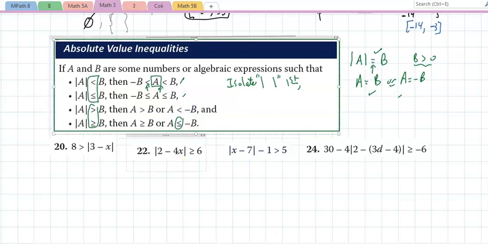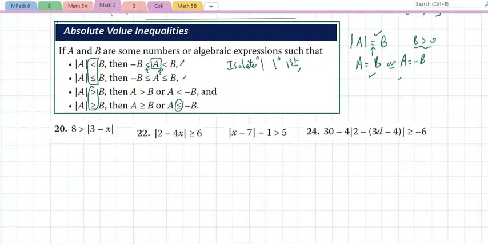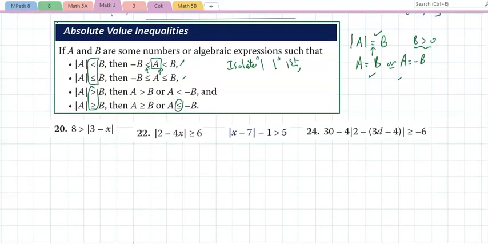So if I go to number 20, for example, the way I see it, you start reading this from the absolute value. This says absolute value of 3 minus x is less than. The absolute value is isolated by itself. And if this is bothering you, you could rewrite it. You don't have to, of course. Well, this fits under that.